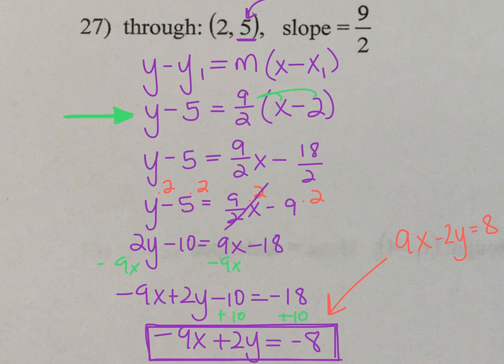Officially with standard form, you don't want this very first number to be negative. So if it is negative, you're going to have to divide everything by negative 1 or multiply everything by negative 1, either way, to change the sign so that the first value is positive.